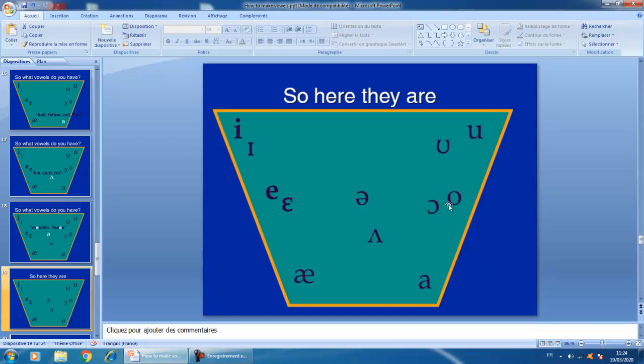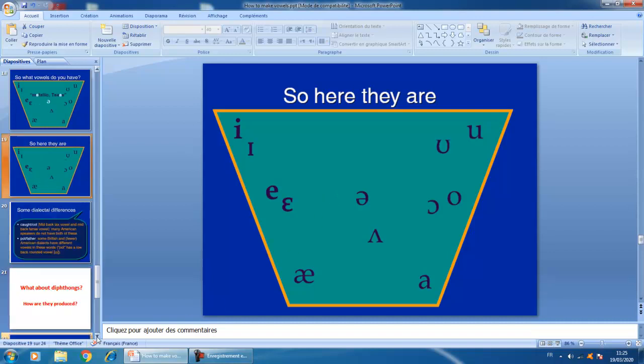So this one is O, but this one is O here. So in fact, a vowel that needs more effort is said to be tense. And the one which is said in a very simple way, which does not need any work, is called a lax vowel. This is the main difference between tense and lax vowels.